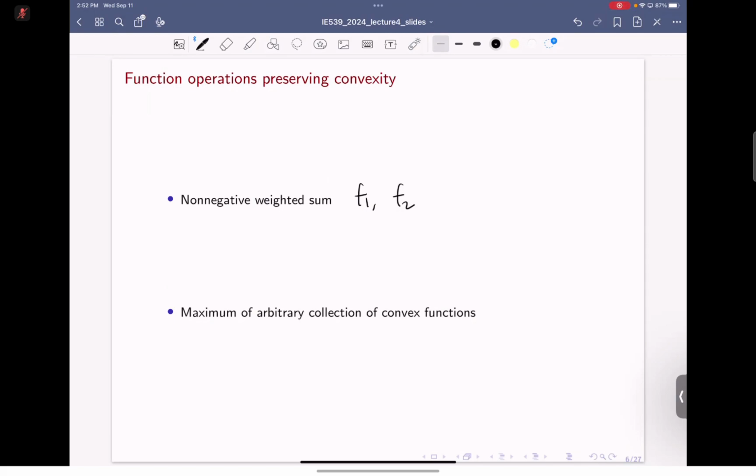So multiplying a function by a negative number doesn't preserve convexity. So we need to take non-negative numbers. So alpha 1, alpha 2 are non-negative scalars. Then alpha 1 f1 plus alpha 2 f2 is convex.